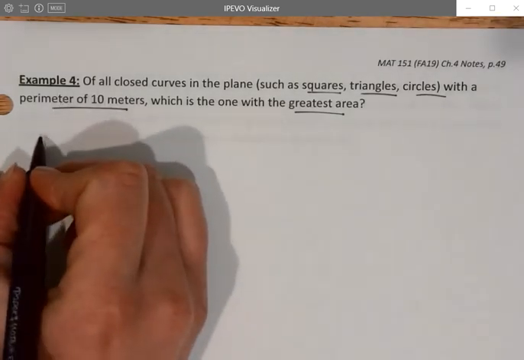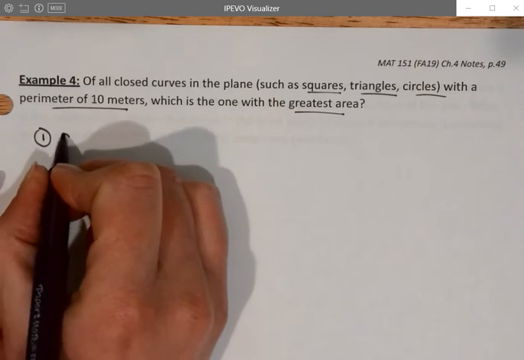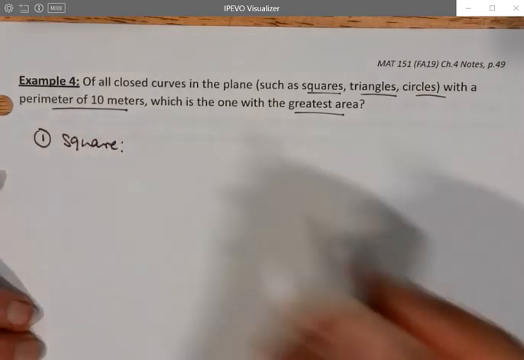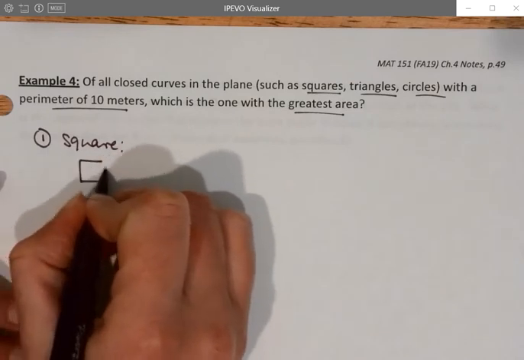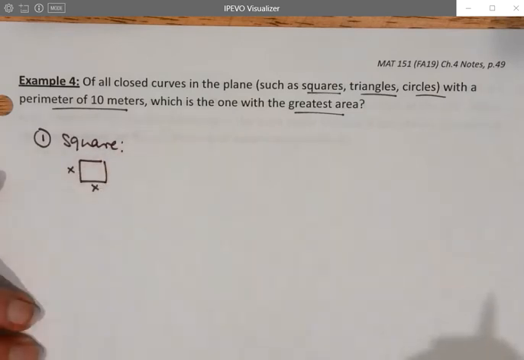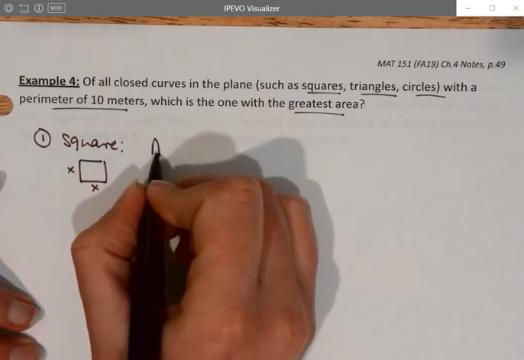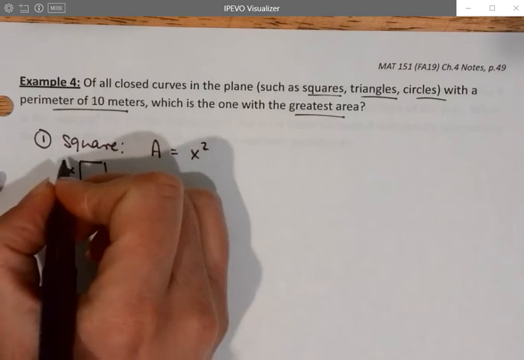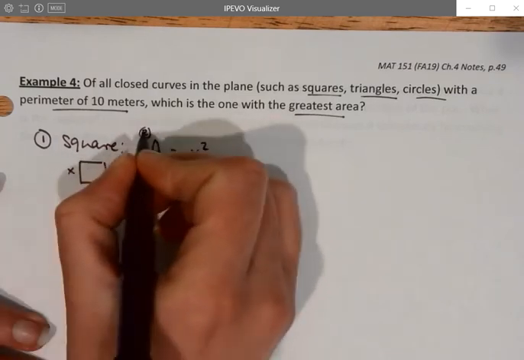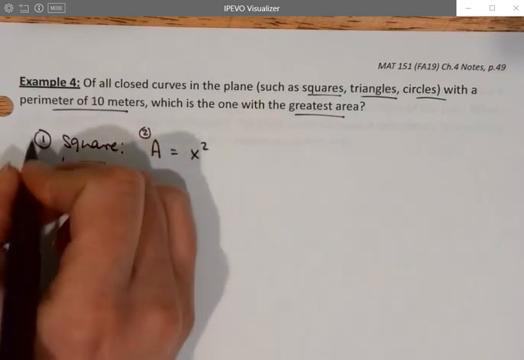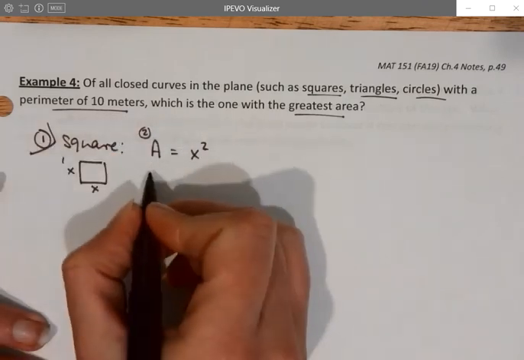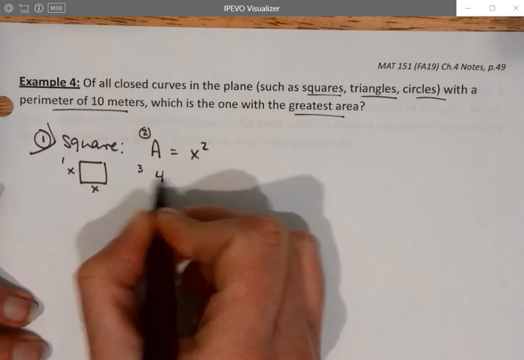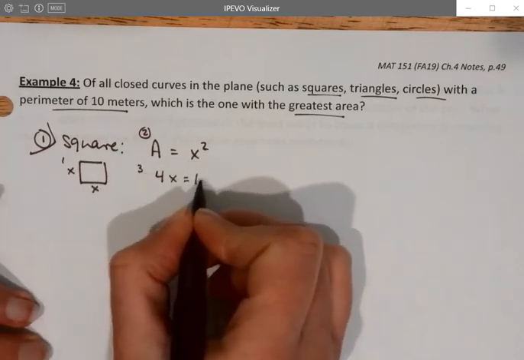So if we first consider the square, we're going to have an objective function of A equals x squared. That's our step 2, for the first object being the square, and a constraint of perimeter, so 4 times x, 4x, equals 10.